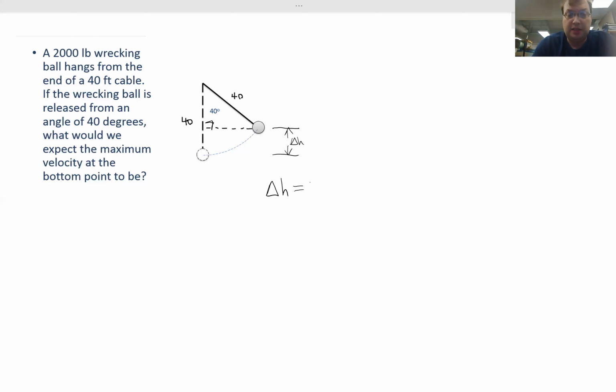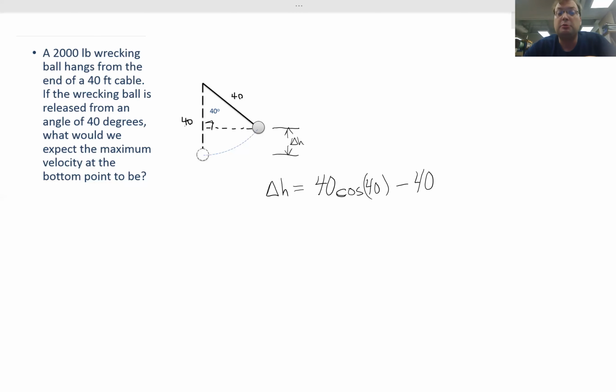Delta H is the difference between the vertical portion of the left-hand side of this right triangle, where the hypotenuse is the cable length, 40 multiplied by the cosine of that 40-degree angle, and the known length of the cable in its vertical position.